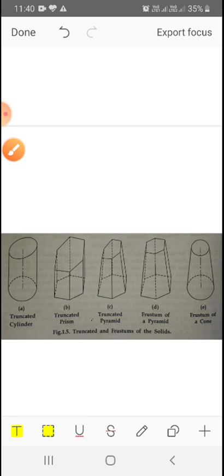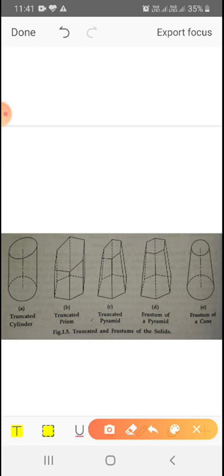Let us discuss what is meant by truncated solids. Truncated solids are those where the solids are cut such that their cut surface is inclined to the base.